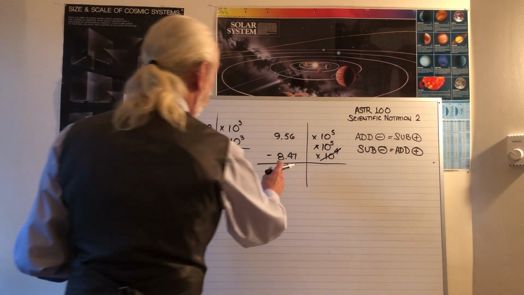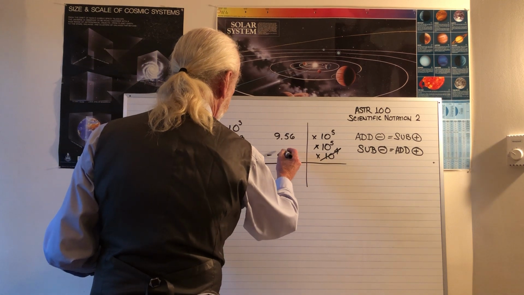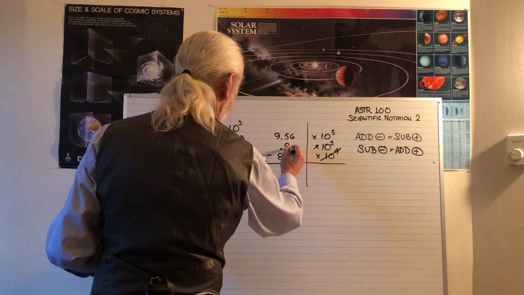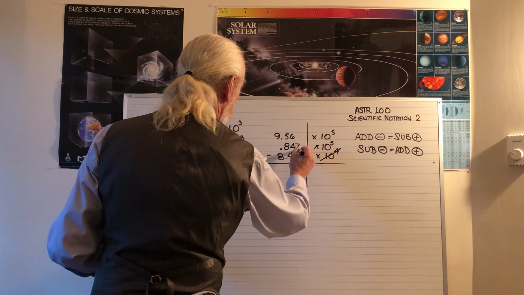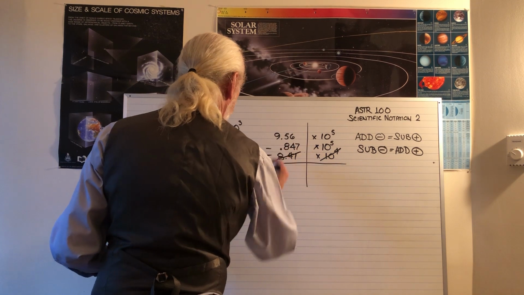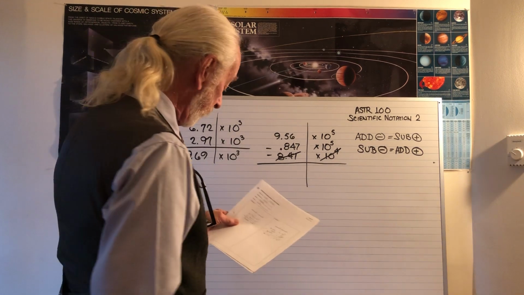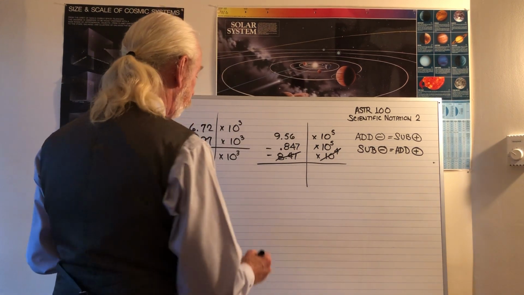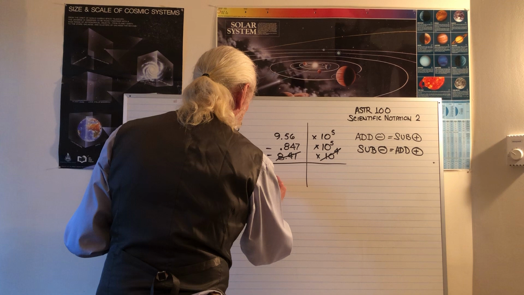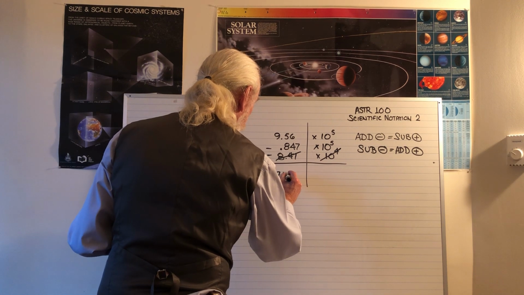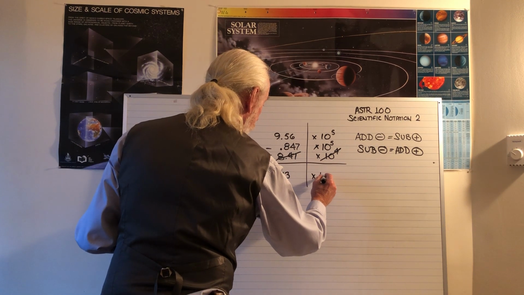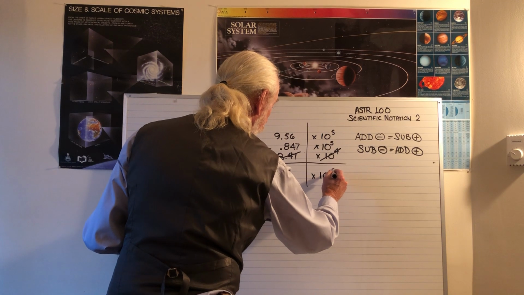And so now, that 8.47 becomes 0.847. And now everything matches. I can go ahead and complete the problem, and you should get 8.713 times 10 to the fifth.